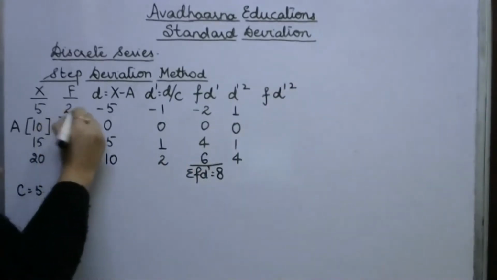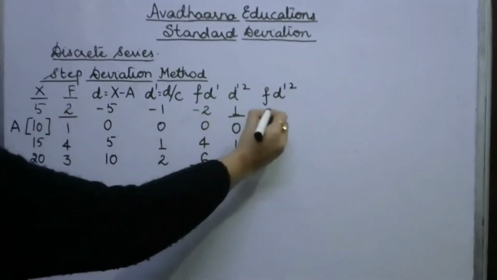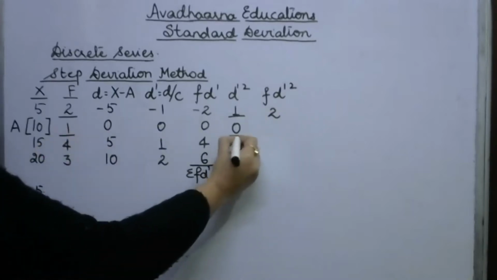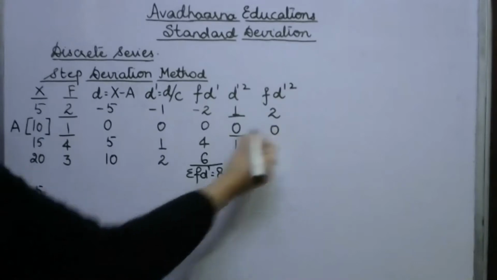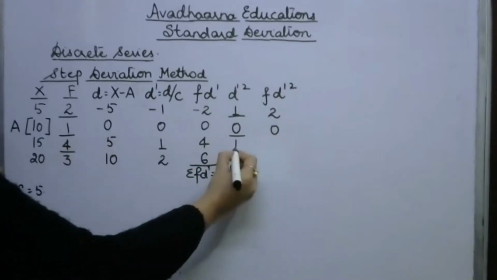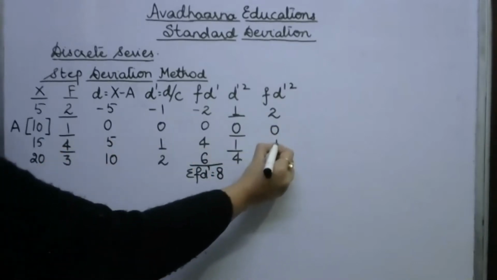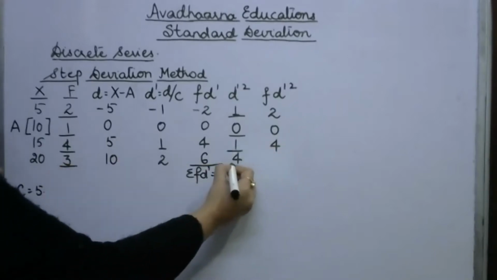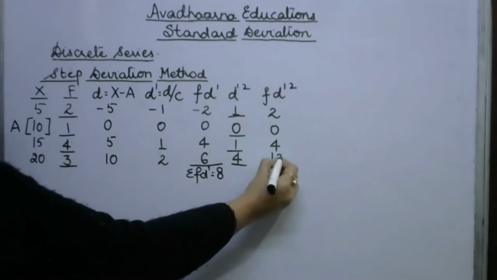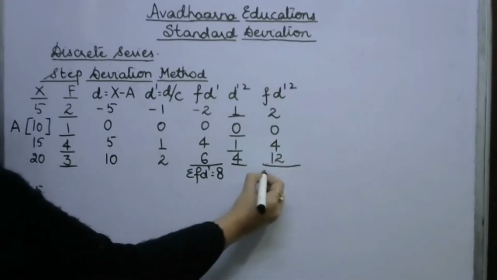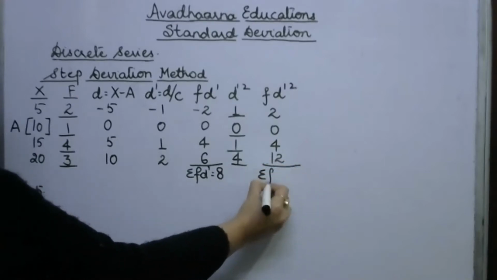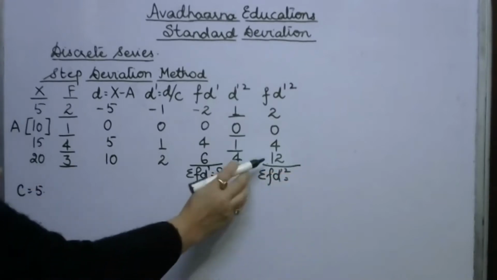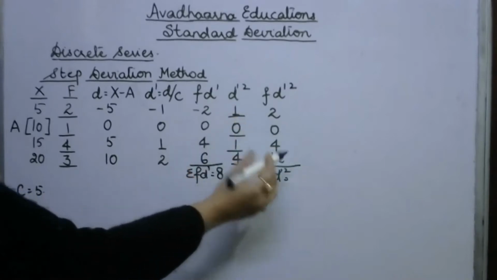So 2 multiplied by 1 is 2. 1 multiplied by 0 is 0. 4 multiplied by 1 is 4. And 3 multiplied by 4 is 12. Let's take the summation of fd dash square, which is 12 plus 4, 16, plus 2, 18.